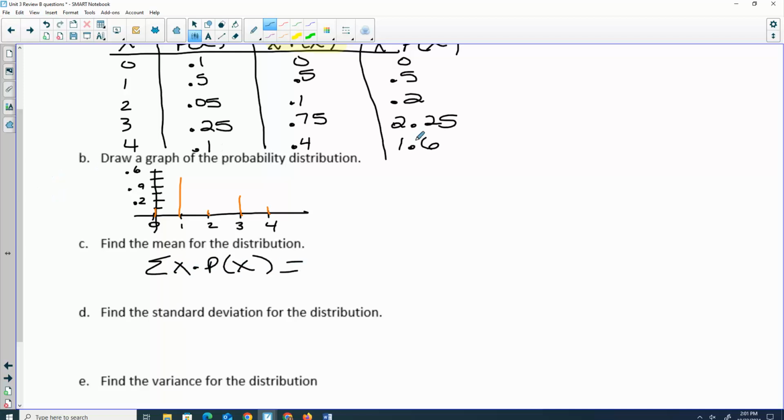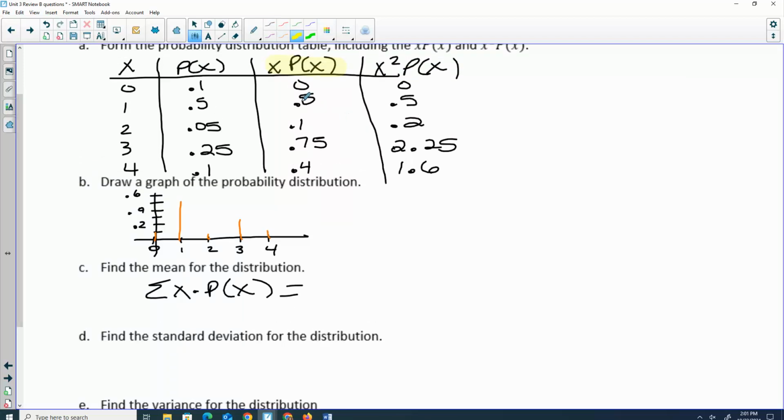Okay, we already did that column up here. So we just have to add up all of those numbers, and we get, just to show you what I'm doing, I'm just adding up that column.